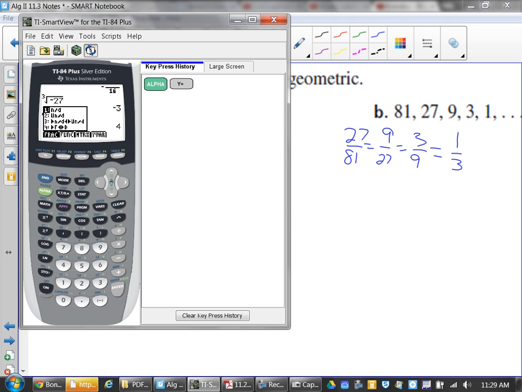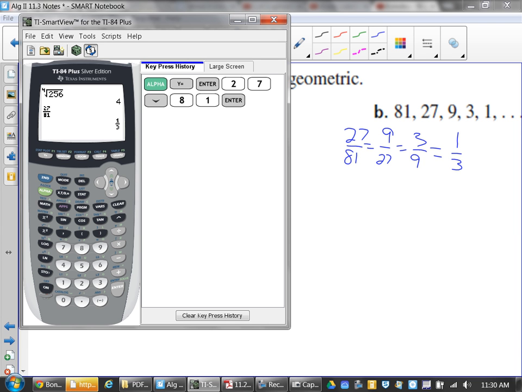Once you get your fraction bar, you type it in like you guys used to last year with your multi-views. 27 over 81, and hit enter. That's all it is, guys. The calculator will simplify it for you right away. Just by using the fraction bar on there, it automatically does the simplifying for you.